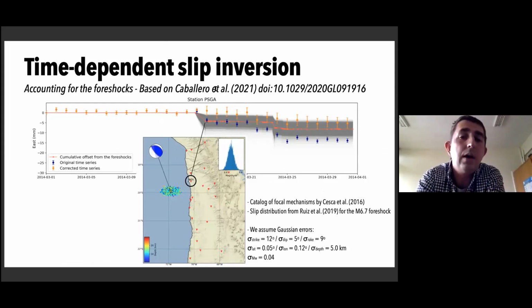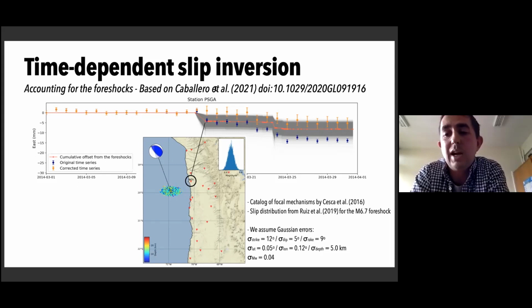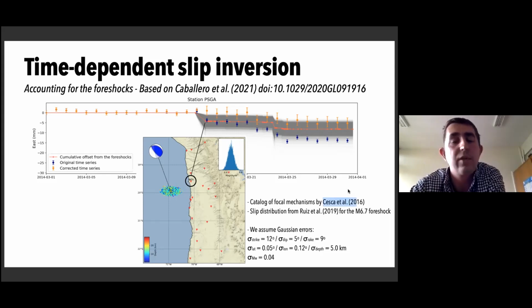The way we do that is relatively simple. You have a catalog of focal mechanisms. The one that we are using was obtained by Ruiz in 2017, and it includes all of the earthquakes with magnitude greater than 4.0.